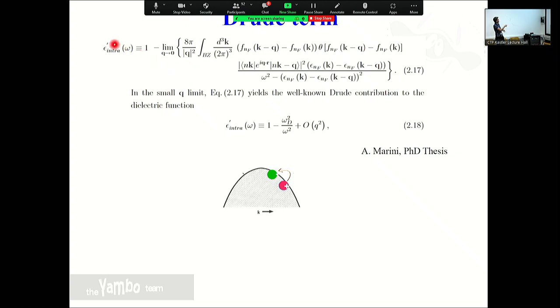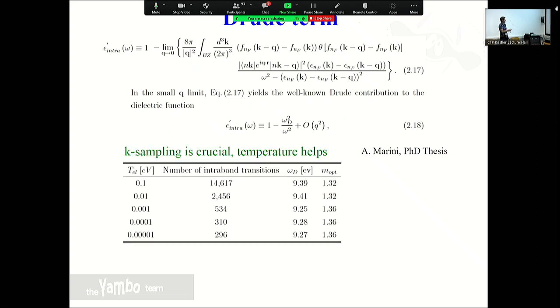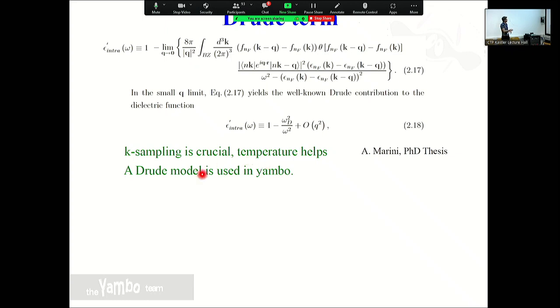And indeed, in the length gauge approach, this comes through this Q equals 0 limit. So the excitation at small q, you reach the Q equals 0 limit, and you get these intraband transitions. And this term is super nasty to converge with respect to k-point sampling. And indeed, in the Yambo code, we use a Drude model to account for that in solids.